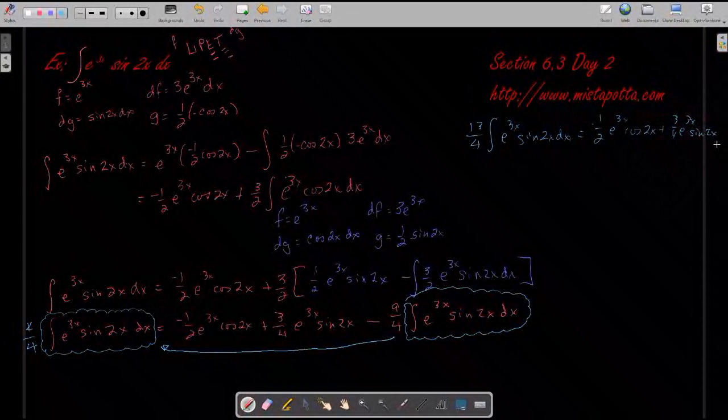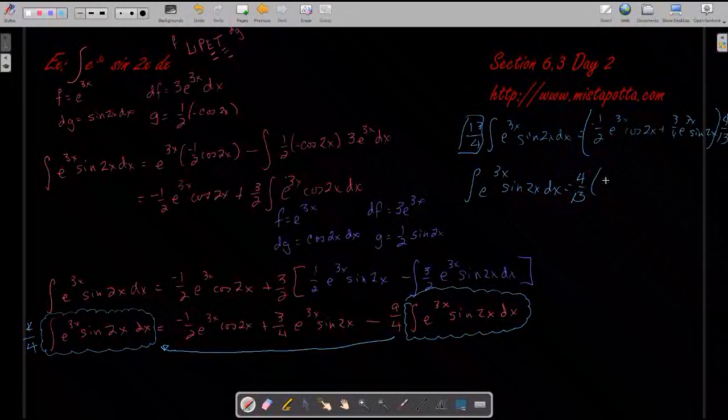And because that's true, I can really get rid of this coefficient by multiplying the reciprocal over here. And so I end up with my integral of e to the 3x times sine 2x dx being equal to 4/13 of this quantity here.